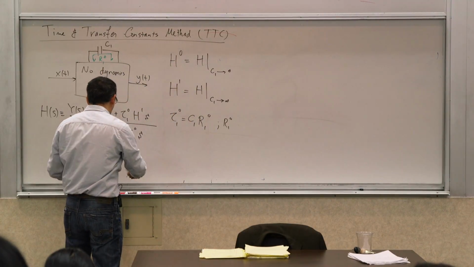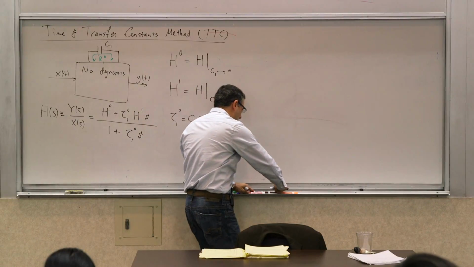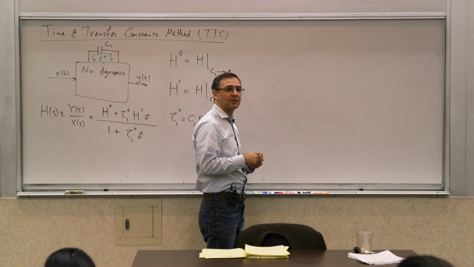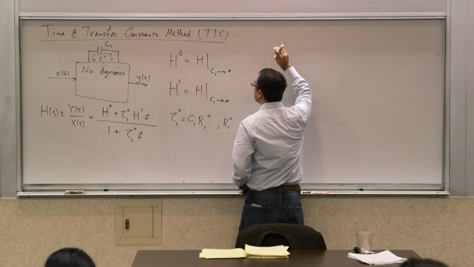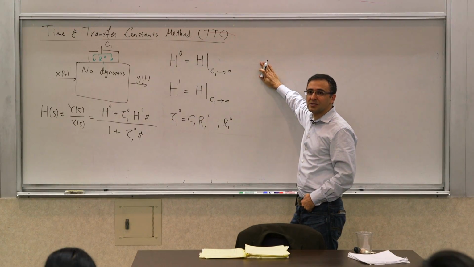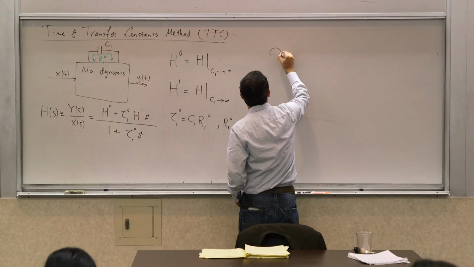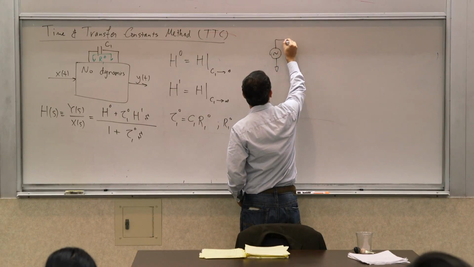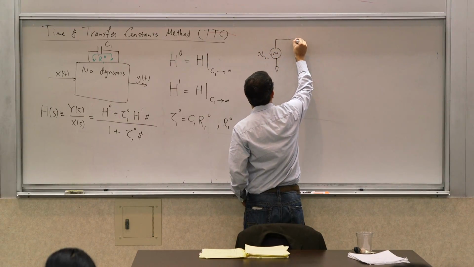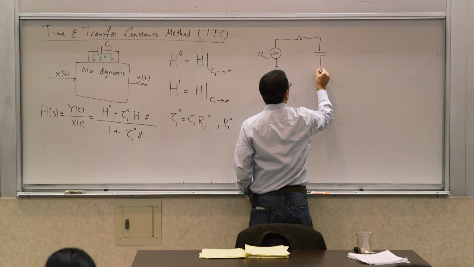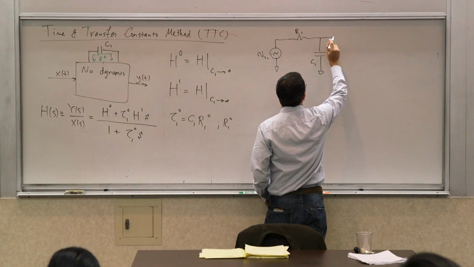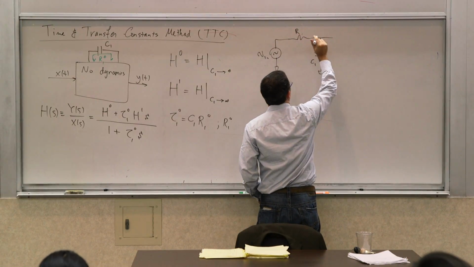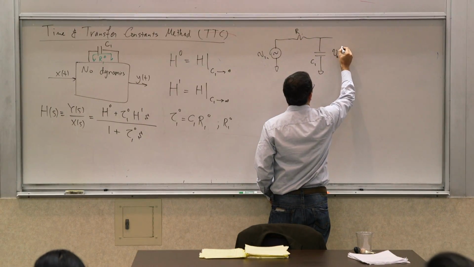So this may look complicated to you, but let's do a couple of examples to see how this works. Let's start with something very simple that we understand well. Let's say you have a voltage source, V in, going to a resistor R1, or R, and a capacitor C1, and this is V out.